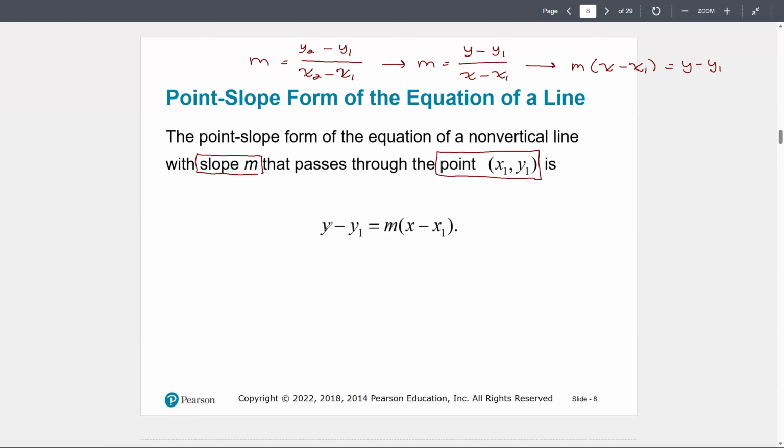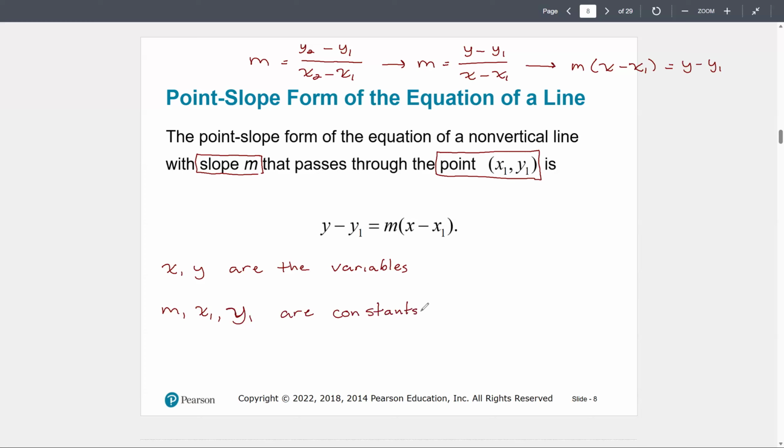All right, so we have y minus y1 is equal to m times x minus x1. And as I said, x and y are the variables. M, x1, and y1 are constants.